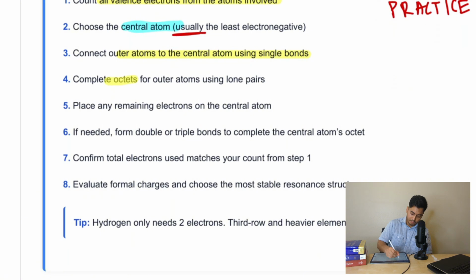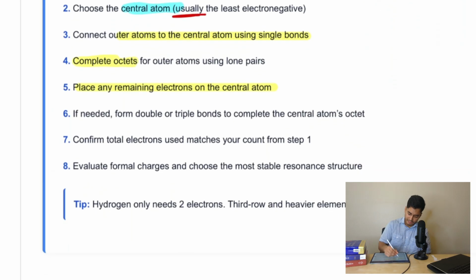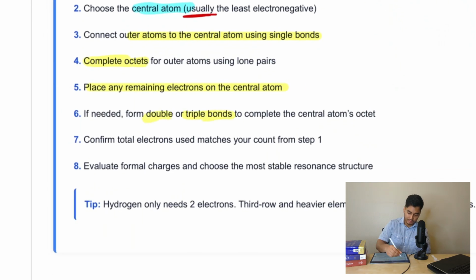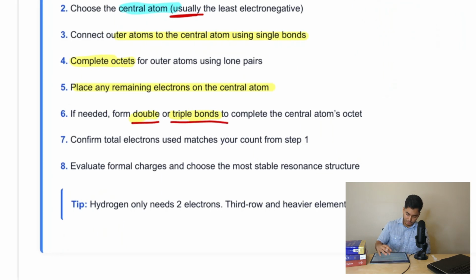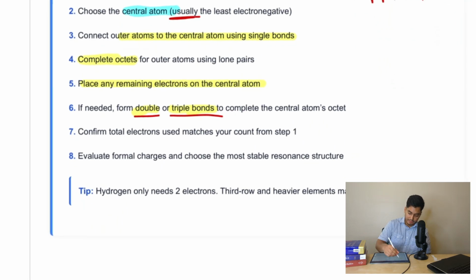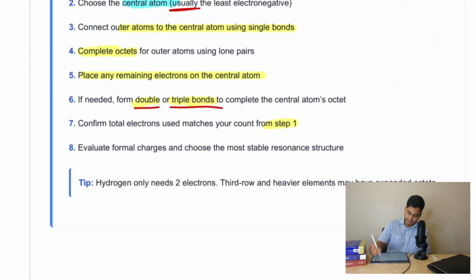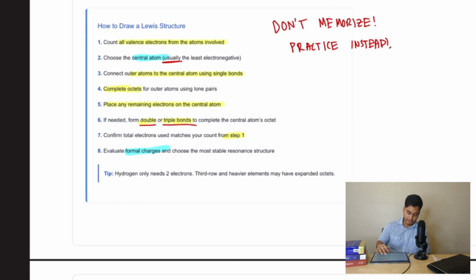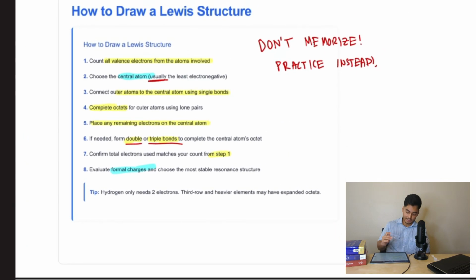Then we want complete octets. Every element has to have a complete octet, except for our exceptions. Then we're going to place any remaining electrons on the central atom. If needed, we're going to form double or triple bonds, if we need to move things around. And then we're going to confirm that the total electrons match step 1. And last but not least, we need to count the formal charges. Don't worry, we're going to go through all of these steps one by one. Again, do not memorize, practice instead.